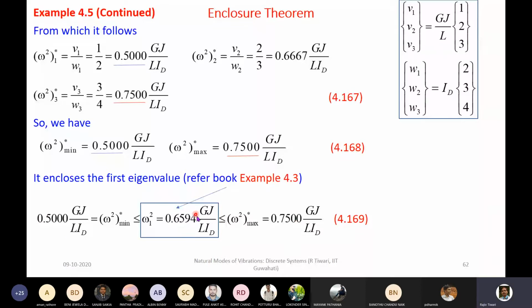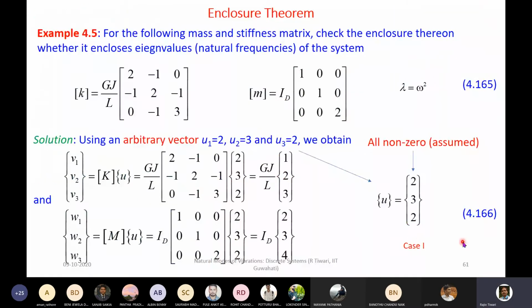Now, why does it include the lowest natural frequency? It depends upon the choice of the U. If you go back to the U, U is all positive. We have chosen all positive.